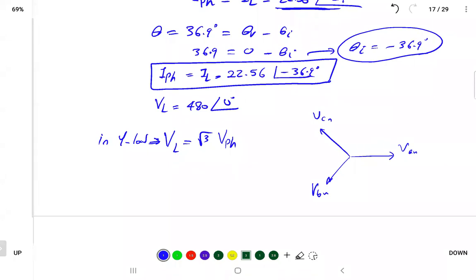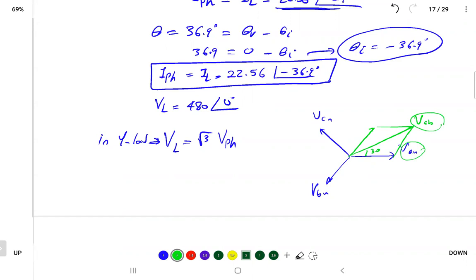So I just flip VB, that's the minus VB, and then I complete the parallelogram, and we found this 30 degrees and this VAB. So we know the relationship between the phase voltage and the line voltage is 30 degrees.